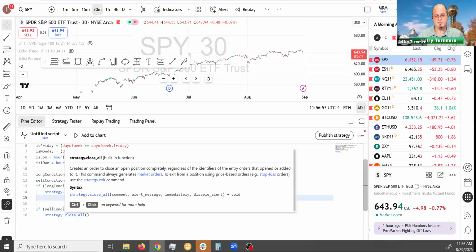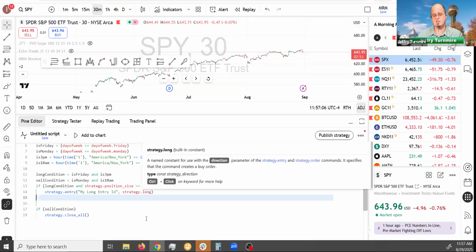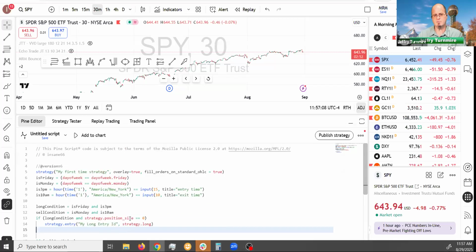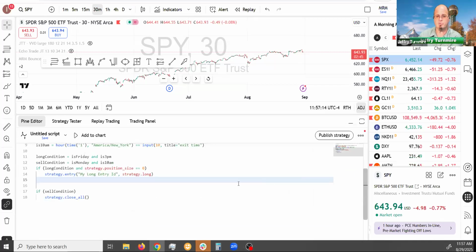And this will just close anything that's open, so we don't need any extra here. That way we can play with time frame and see if there's a better time frame without getting in a whole bunch of times on Friday. So that's a little extra nuance, a filter I typically put into these.